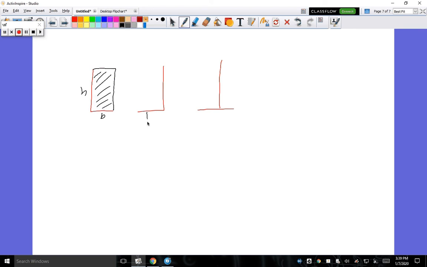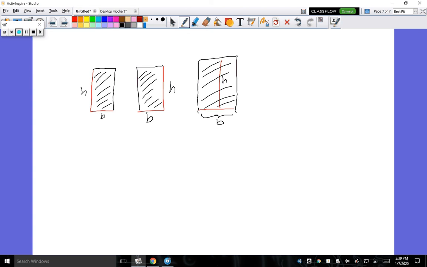You're looking at base times the right height to get that area. Does this make sense to you guys of what I'm doing? And this average of the x's, the midpoint between these two, if I get a y value, this is my height and this whole thing is the base to get that area.